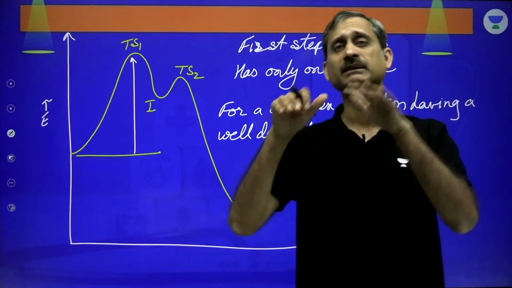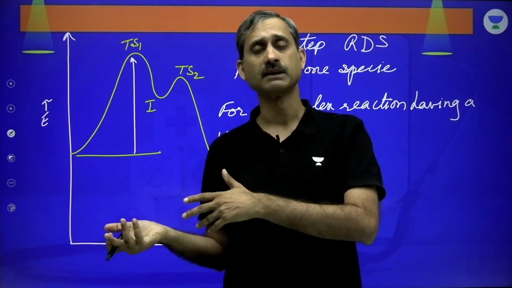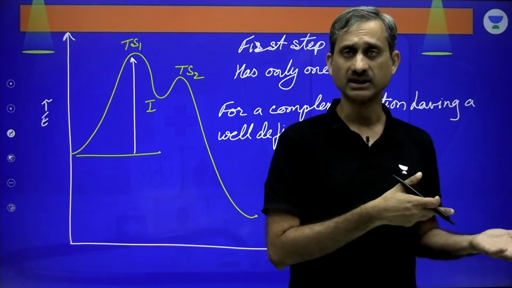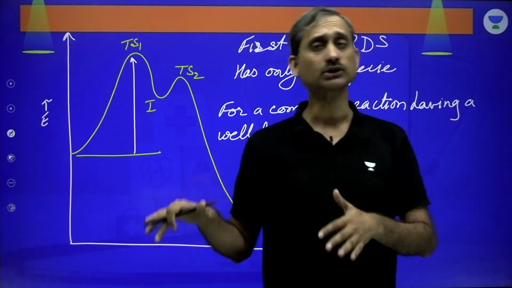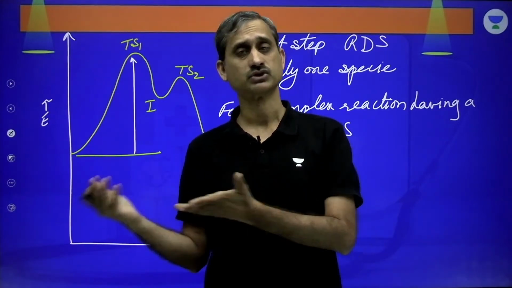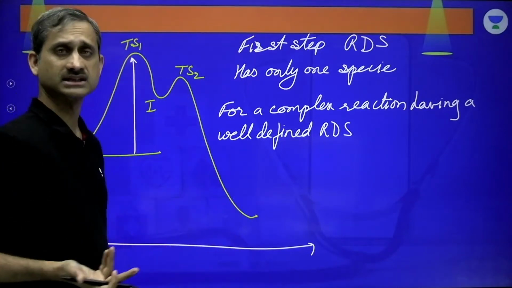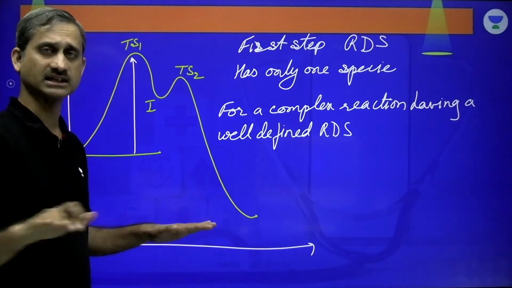There could be many obstacles. One obstacle could become the rate determining step for one step, and the other obstacle could become the rate determining step for the other, because they are very near to each other. But if there are many reactions in which we have many steps which could become the rate determining step, then in that case we can't say anything about the molecularity. That is just experimental then.